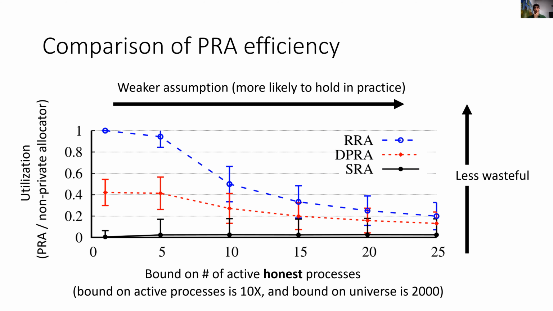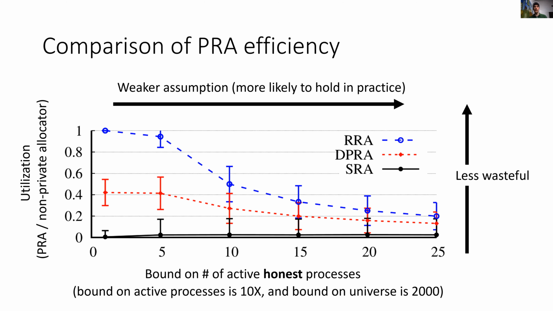The behavior that we observe from the slot-based allocator is that it's going to be very wasteful no matter what, because the bound is fixed at 2000. For the other two, we get something that you might expect, which is that as the assumptions get weaker, the utilization goes down, so the allocator is more wasteful.